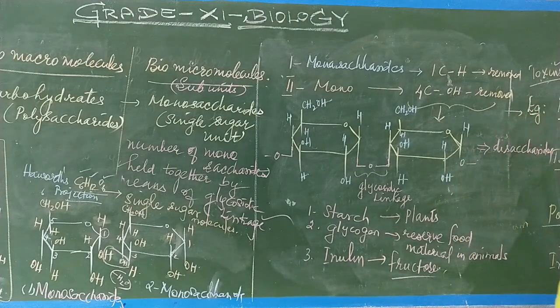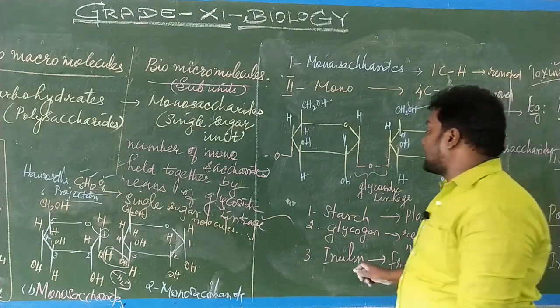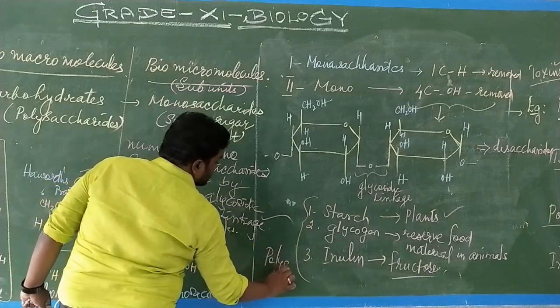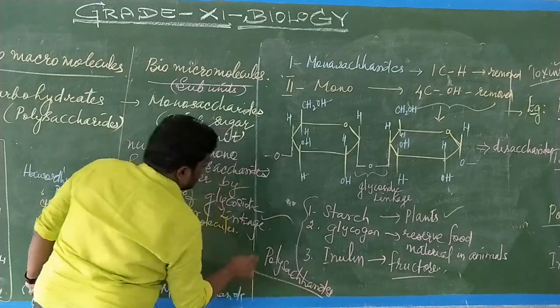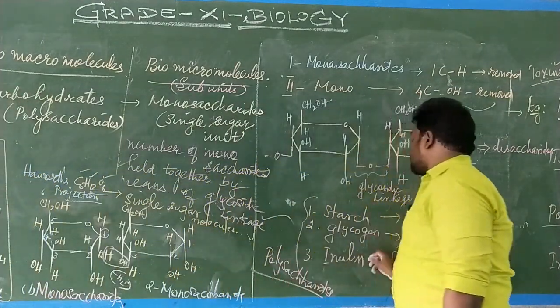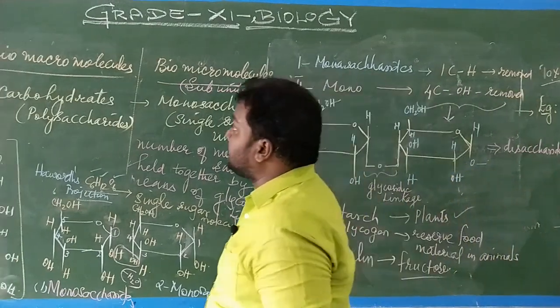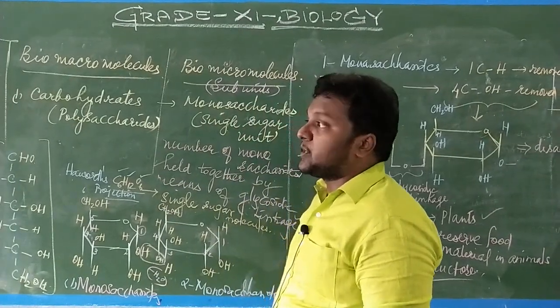These are considered to be polysaccharides: starch, glycogen and inulin. Okay, so the first biomacromolecule is carbohydrates. Carbohydrates are called polysaccharides.